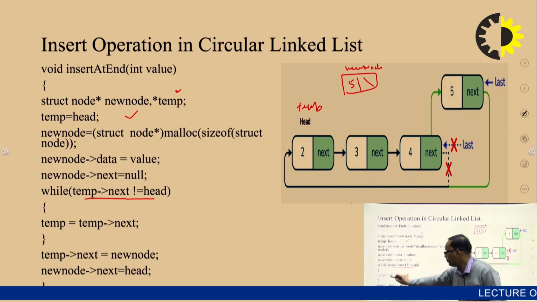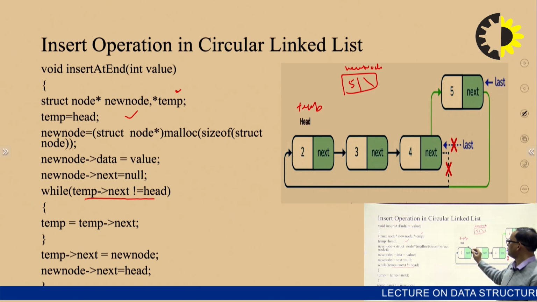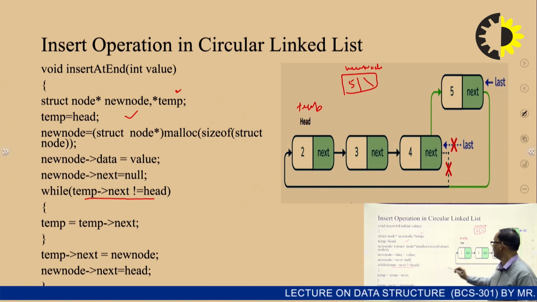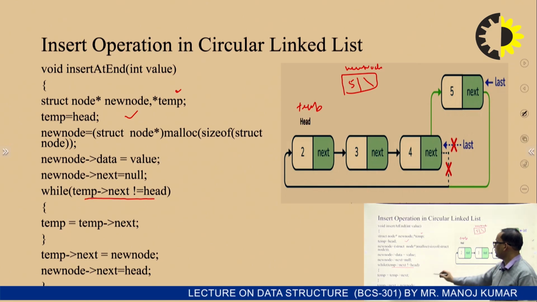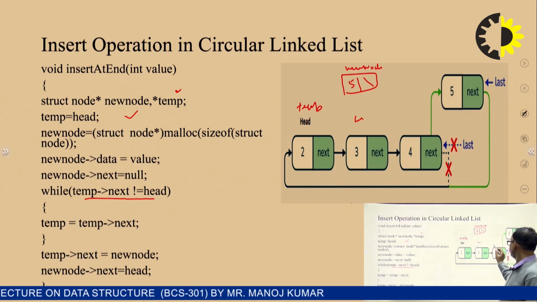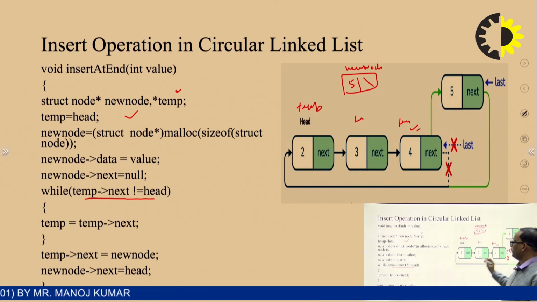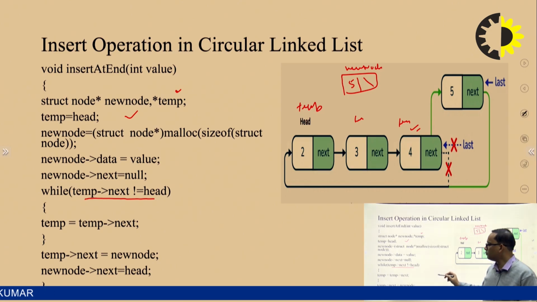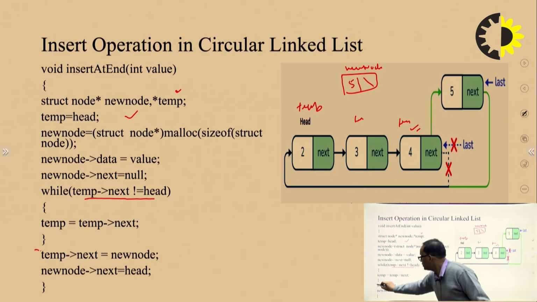So temp equal to temp arrow next. Initially this condition is not satisfied, so again temp equal to temp arrow next. Now temp will point to this. Now when again temp equal to temp next, when temp refers to this node, then this condition is satisfied and program control will come out of the while loop.